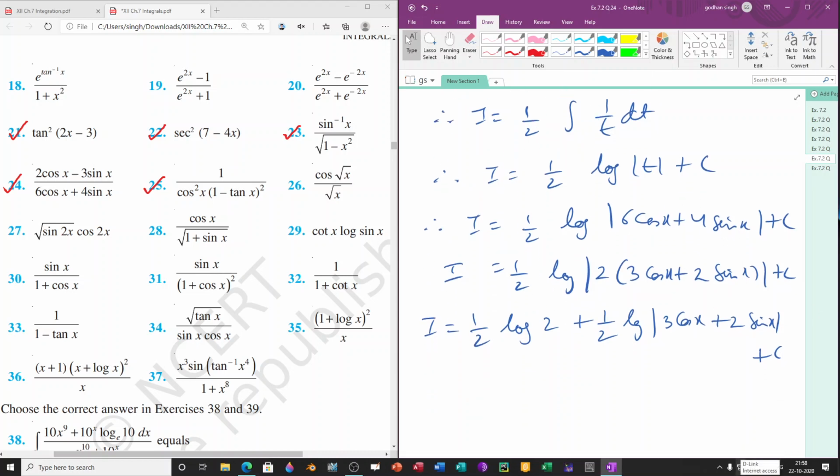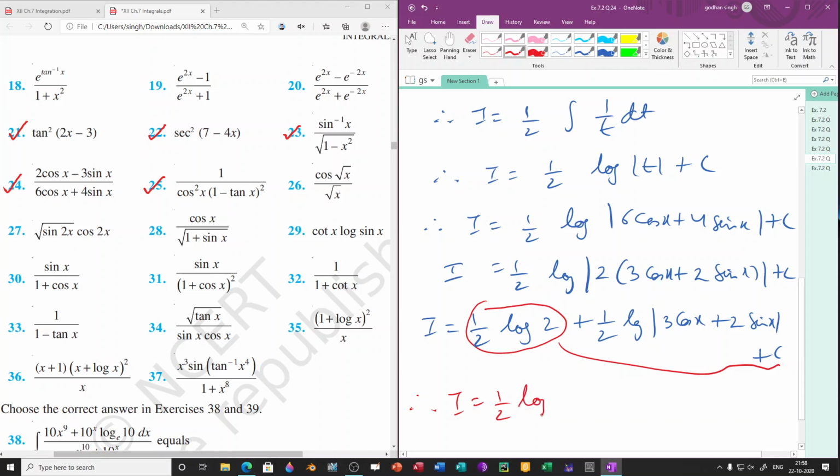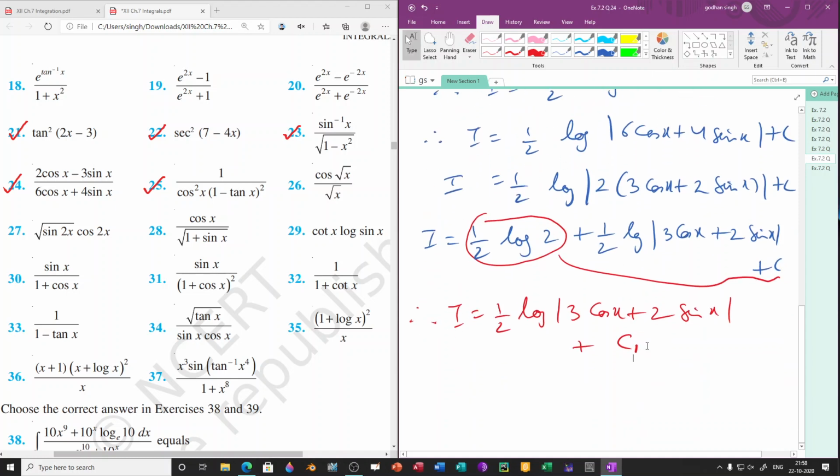Half log 2 is a constant, so it can be added to this c, and we can write a new constant, say c dash. So therefore I equal to half log mod of 3 cos x plus 2 sin x plus c1, where c1 equals half log 2 plus c.